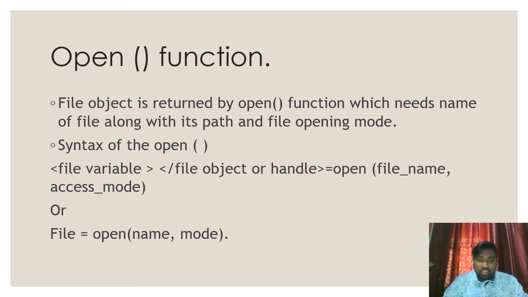First, we should have a file variable or file object or file handle, then equals open. Open is a keyword, and within the parentheses we should have a file name and what kind of mode we are using, either read mode or write mode. Or we can give file equals open, name, comma, mode. We can use either this or that.